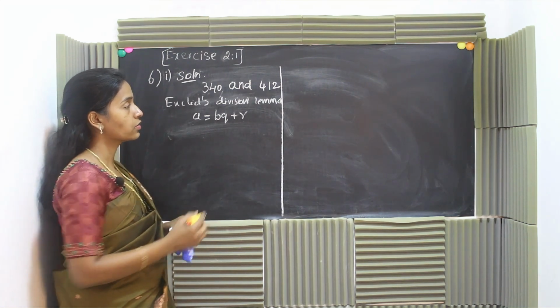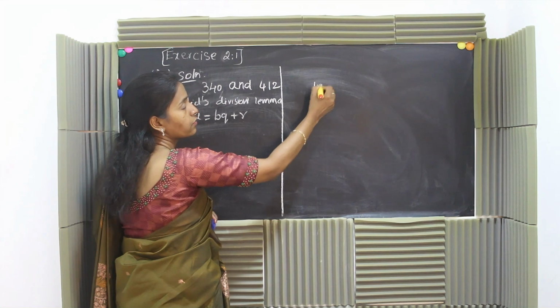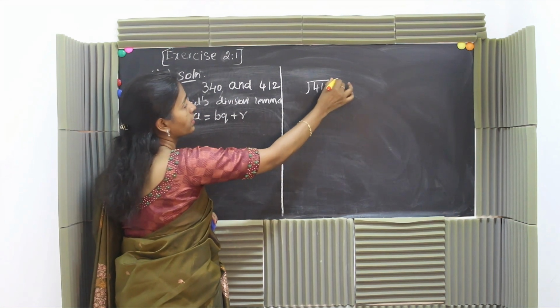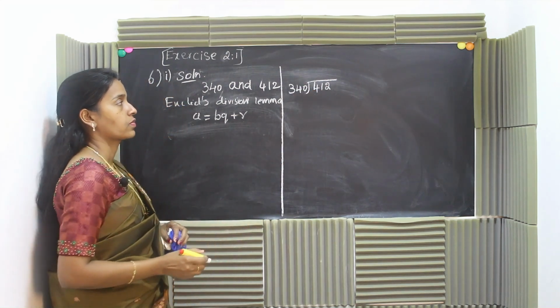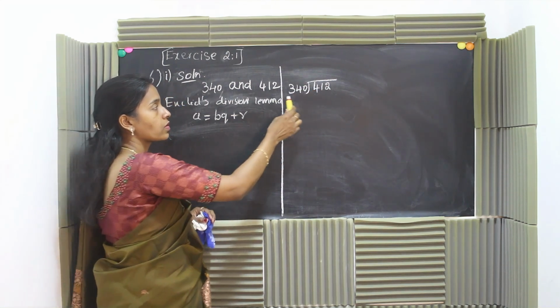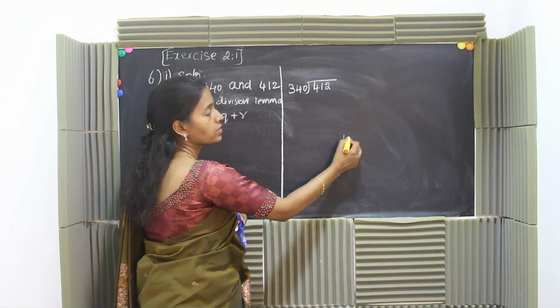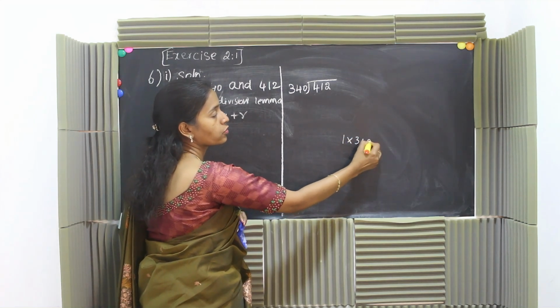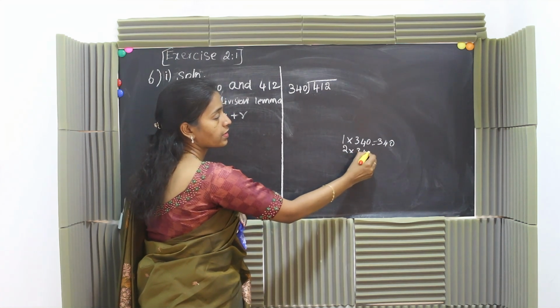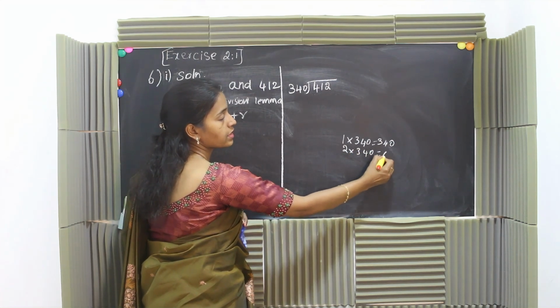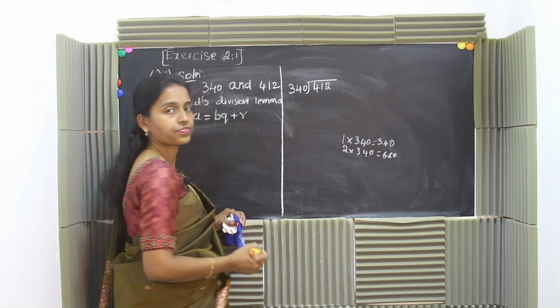Okay. Now, we can divide 412 by 340. 1 into 340 is 340, and 2 into 340 becomes 680.